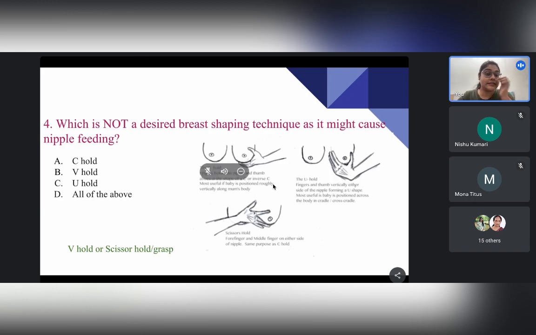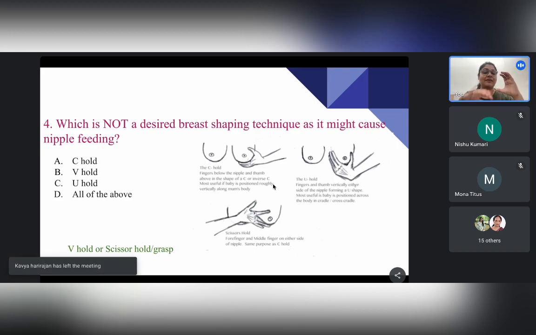If you remember, in the last session, we had discussed about cross cradle hold. In the cross cradle hold, what we had seen is that the mother is approaching the breast tissue from beneath in a U shape, right? So this U shape is a modified shape. I mean, you can say that the U shape and C shape are kind of similar, it's just the direction.